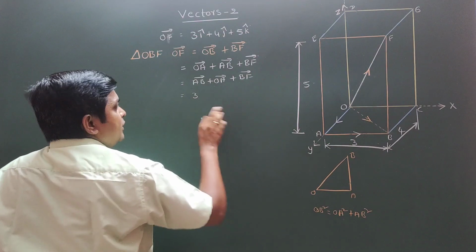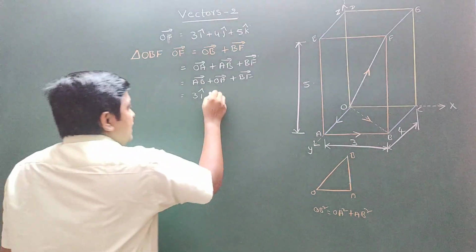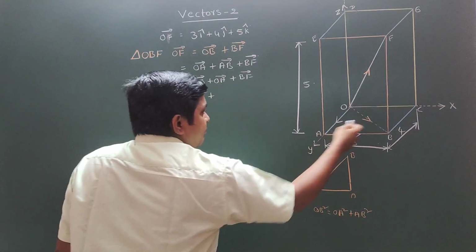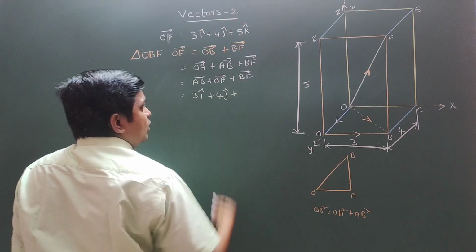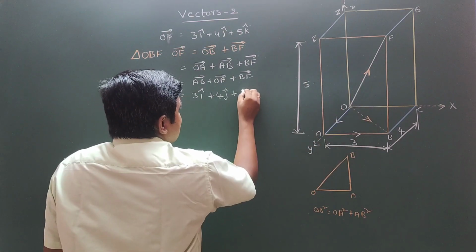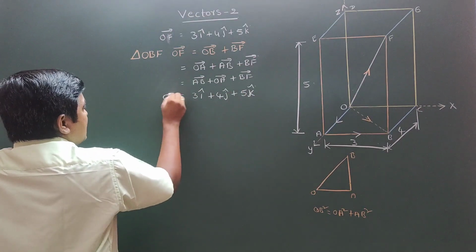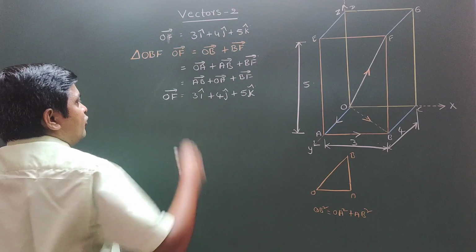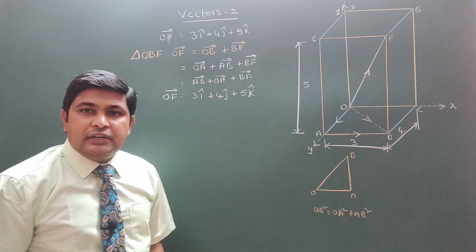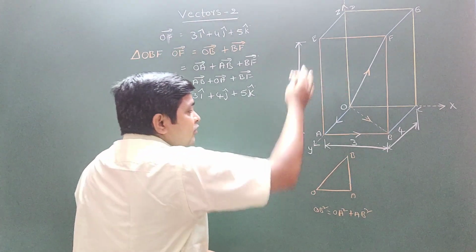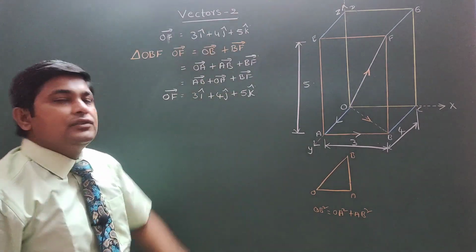That is number 3. In the X direction, to represent the direction, I am writing 3 i cap, plus OA parallel BC is also giving me 4 j cap, and what is B to F? That is nothing but 5 k cap. This is the 3D vector. OF bar equals 3i plus 4j plus 5k. I hope you understand clearly how we can get from the diagram the meaning of OF, and by the combination finally we get the 3D vector.